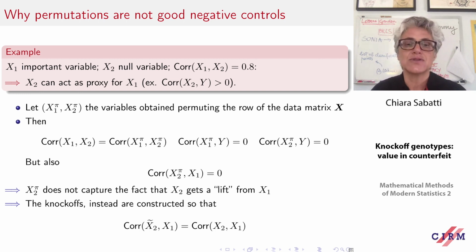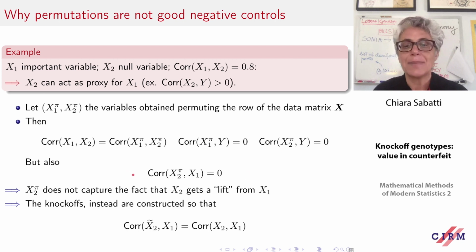Now, let's say that we construct x1 permuted and x2 permuted, permuting the rows of the data matrix X. Then the correlation between x1 and x2 is preserved in the correlation of their permuted copies, and the correlation of x1 permuted with y is 0, and the correlation of x2 permuted with y is 0, because I have broken any relationship between the x's and the y. So this is good. I preserve the correlation between the variables, and these variables are definitely null.